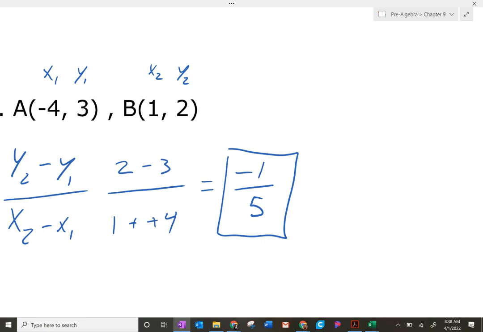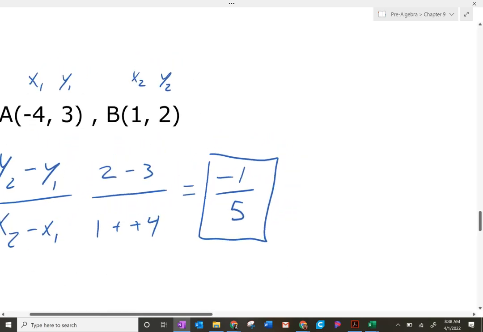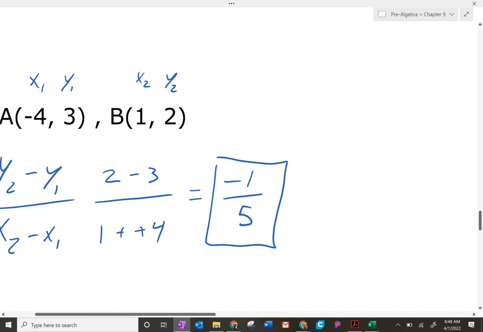Okay, gotcha. So on this top one, this was going to be the negative number. So we keep it up here because I'm going to do the other one just to show the other side. If I switch sides, if I would have done 3 minus 2 over negative 4 minus 1. 3 take away 2 is a positive 1. 4 minus 1, or 4 plus a negative 1, that one gets to be negative 5.